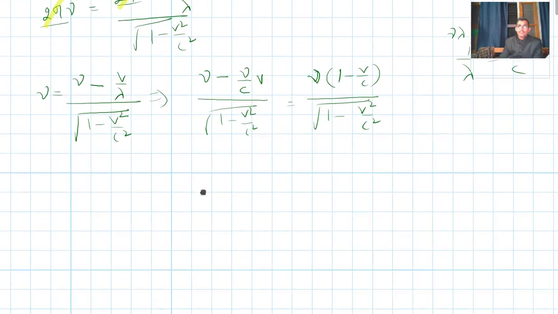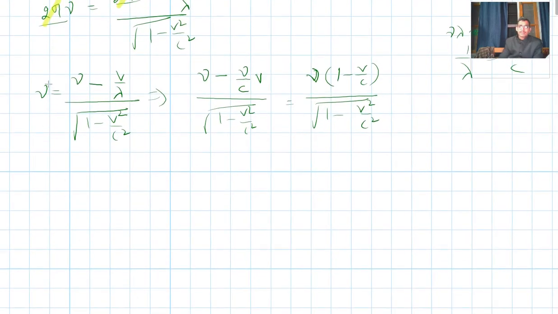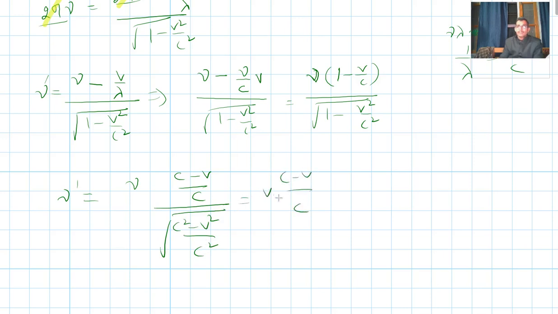Let us do a little algebra. So nu prime is equal to nu times c minus v by c, whole upon square root of c square minus v square over c square. So it is c minus v by c, and the square root can be written as c minus v times c plus v under the root, so one part will cancel out.